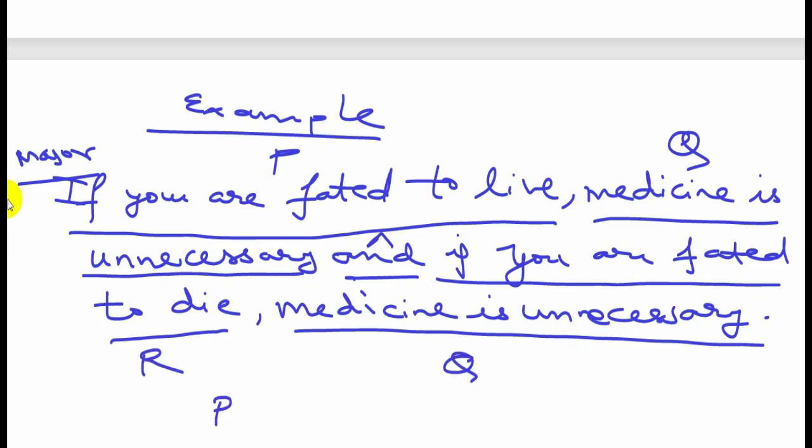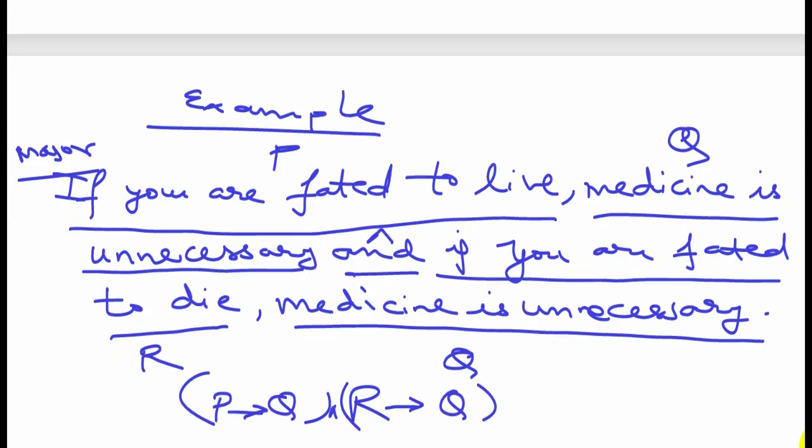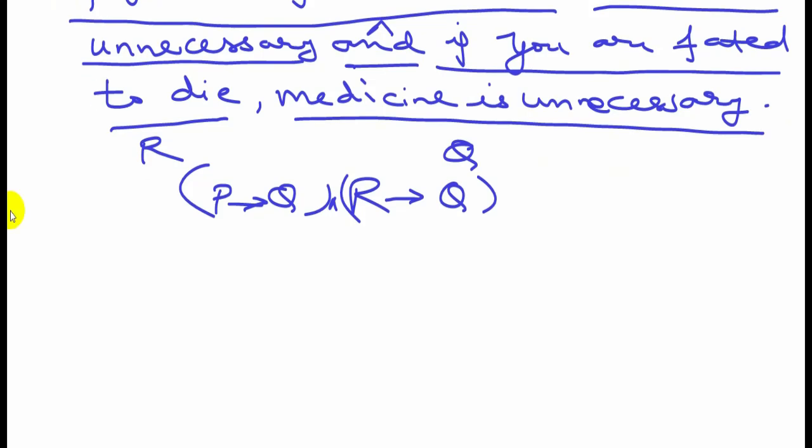So, P implies Q and R implies Q. Then the minor premise comes in. It says P or R. What is P?